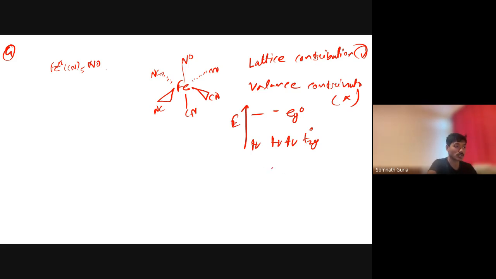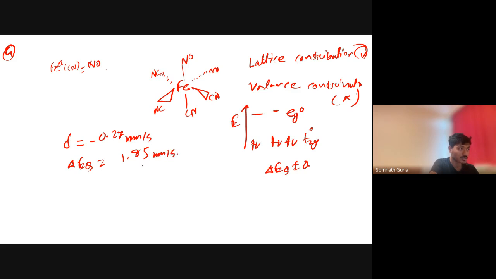So here also we get a non-zero delta EQ. In that case, the delta value was found to be minus 0.27 millimeter per second, and my delta EQ value was 1.85 millimeter per second.